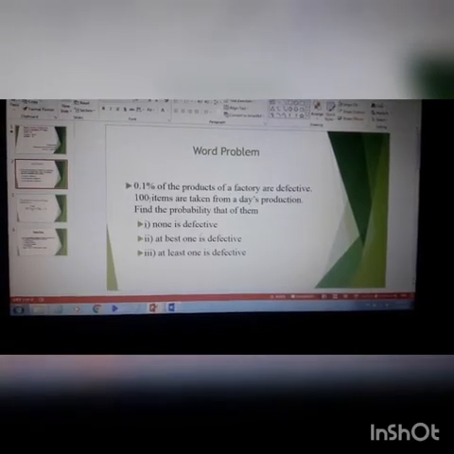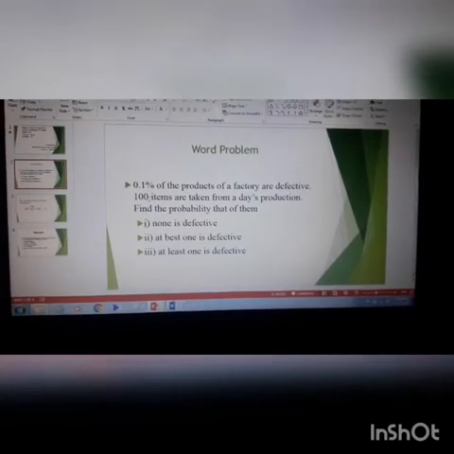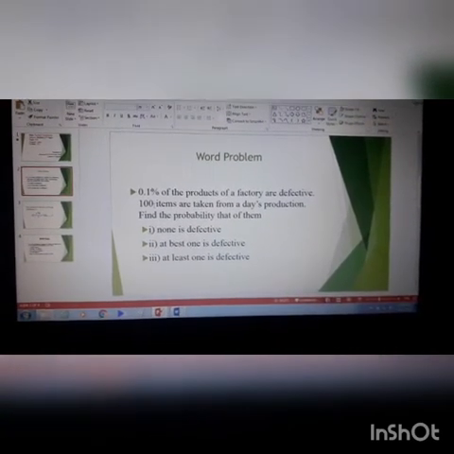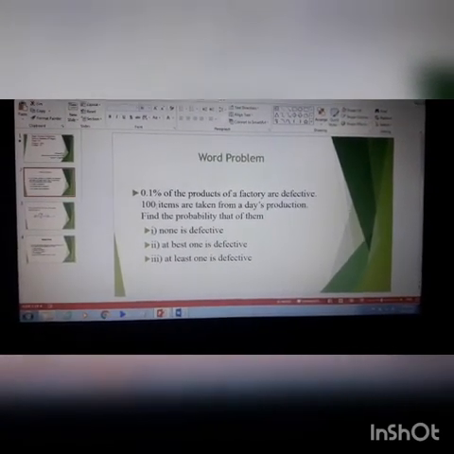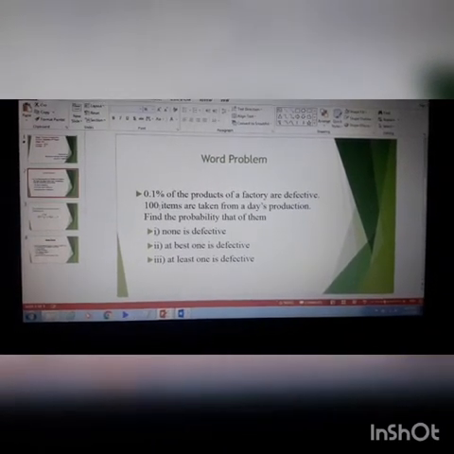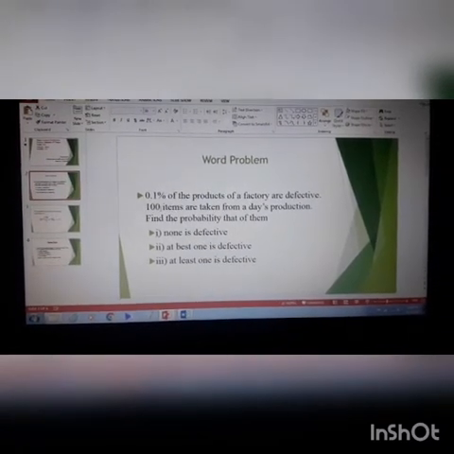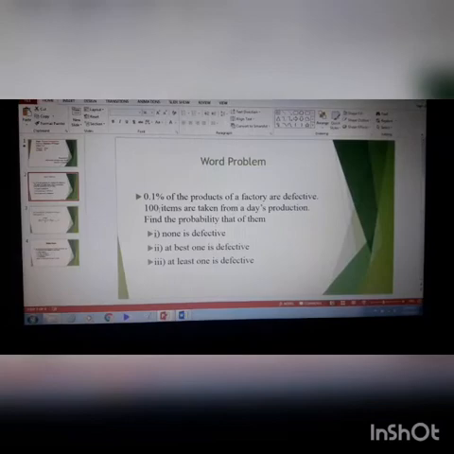Since these two, p and n, that is, probability of success is very small and number of trials is very large, it is clear to us that the problem has to be solved by the Poisson distribution.